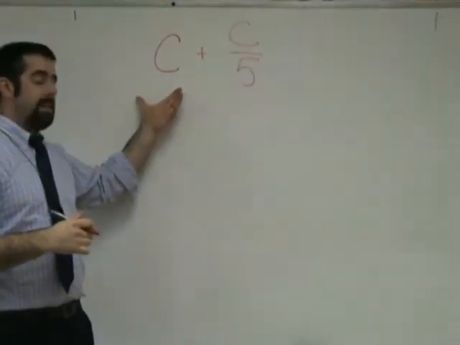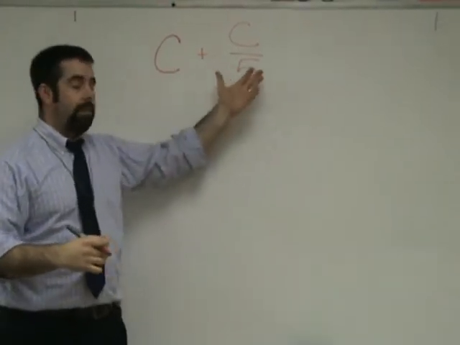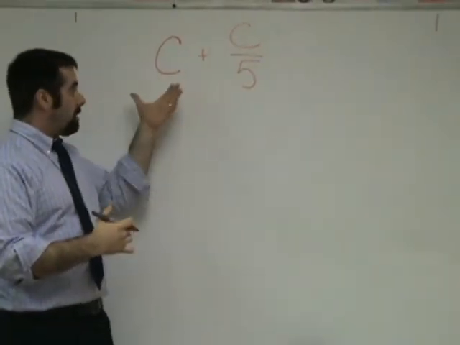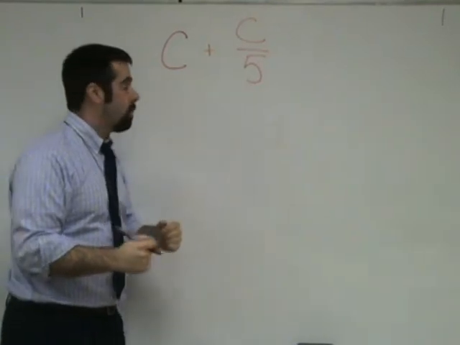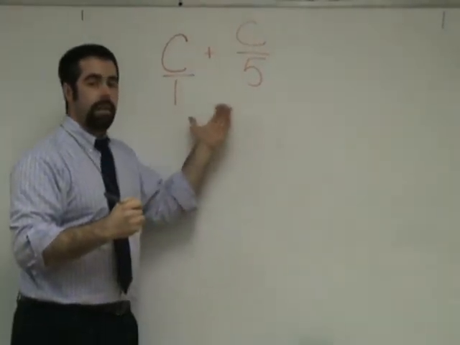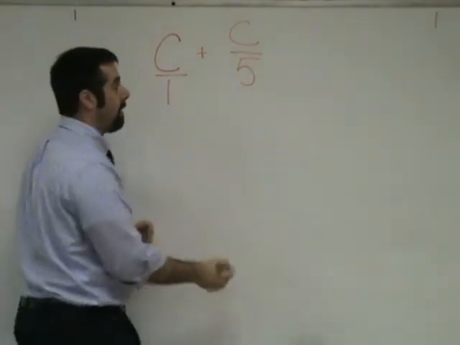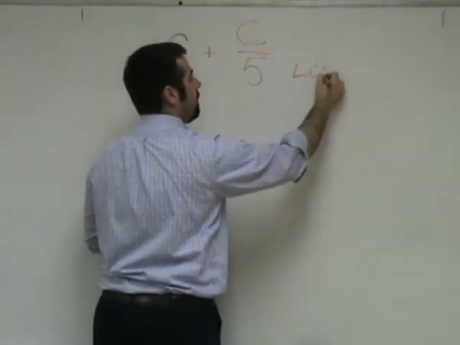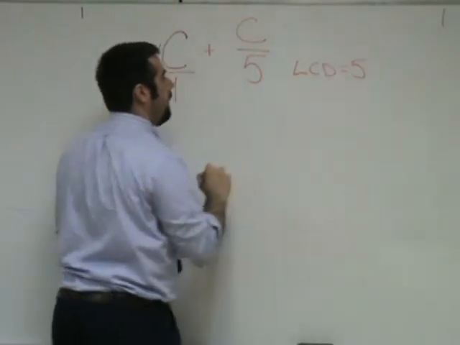Notice I have, in a sense, kind of a whole number and a fraction over here. So first I need to think about changing this to a fraction. I change it to a fraction by putting it over 1. Now I find the least common denominator. In this case, it's pretty obvious. The least common denominator is 5.